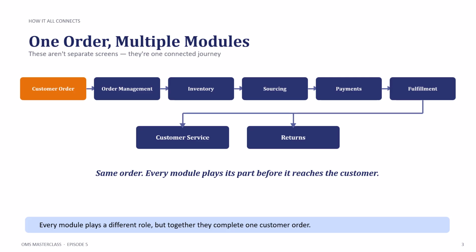Payments validates the transaction and fulfillment takes care of shipping the order. Even after delivery, modules like customer service and returns continue supporting the order whenever needed. So, it's still the same customer order. It's just moving through different modules with each one doing its part before handing it over to the next.